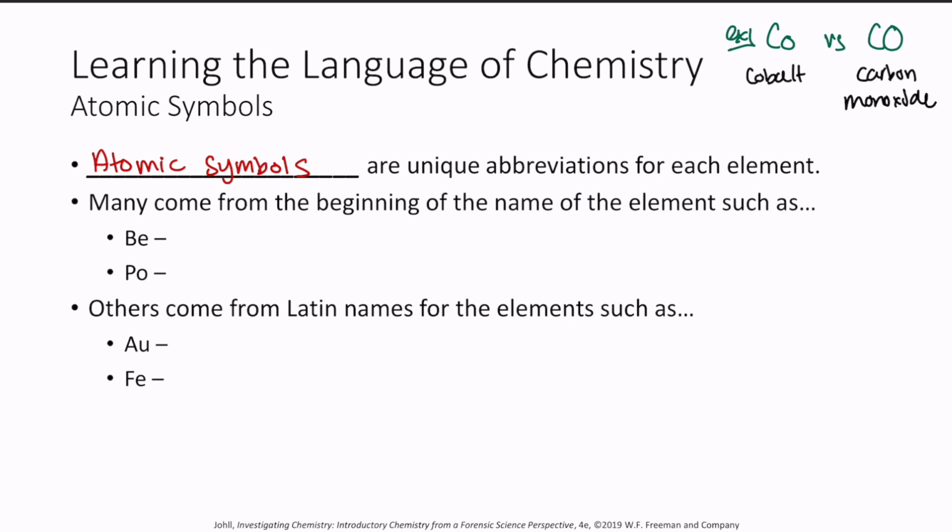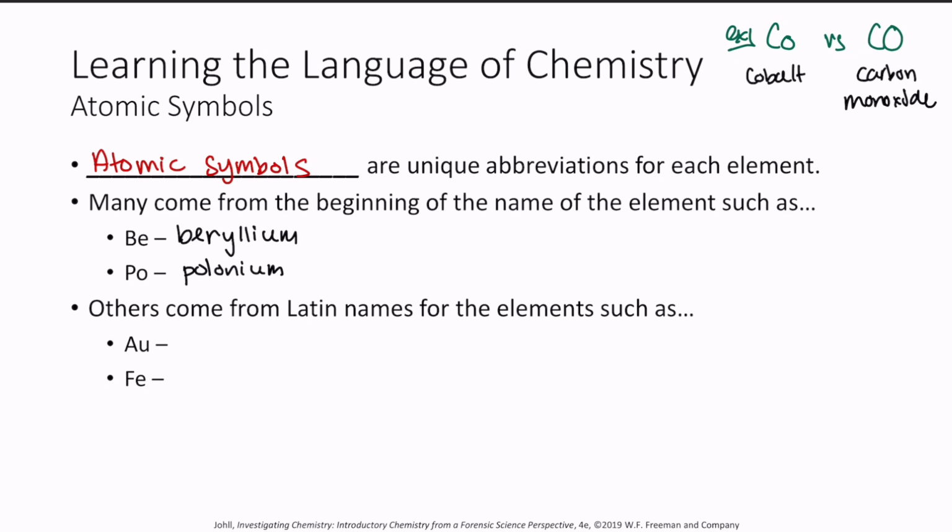Now, a lot of these symbols will come from the beginning of the name. So Be is beryllium. Po is polonium. The names of these elements are not capitalized. You don't have to capitalize the name of elements. They are not proper nouns.